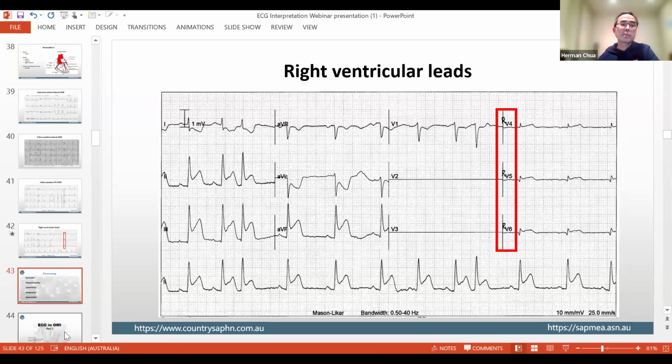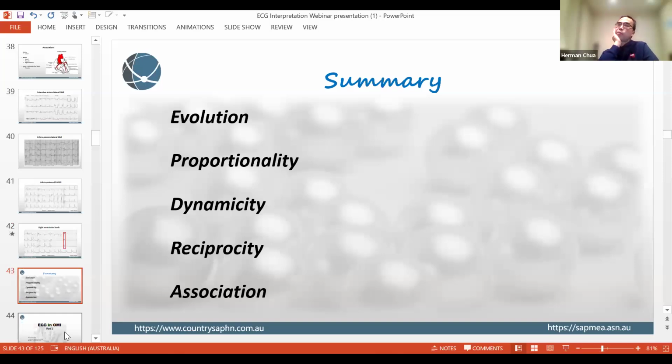So basically, we talked about some general concepts, all right, before we launch into our cases. So the first concept we talked about is the concept of evolution, where there is a predictable sort of change, not just to the ST segment, but change to the T wave, change to the morphology of the ST segment, not just the millimeters of the ST segment, change to the QRS.